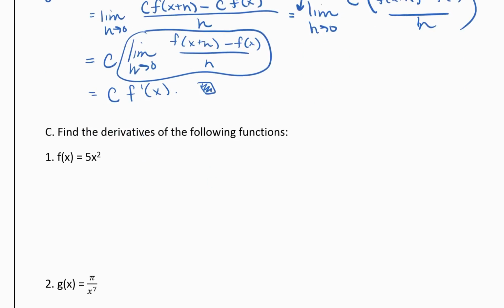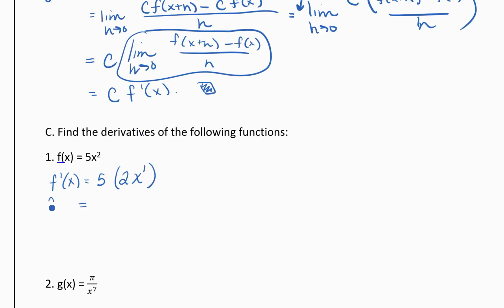So for example here, we have f of x equals 5x squared. Well, this is like the constant 5 times x squared. So f prime of x, we would leave the 5 alone and take the derivative of x squared, which would be, we bring down the 2, and we subtract 1 from the exponent, so it would just be x to the first power.